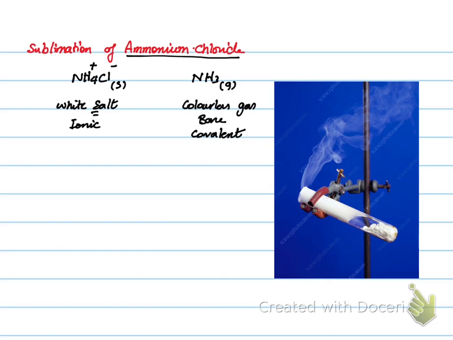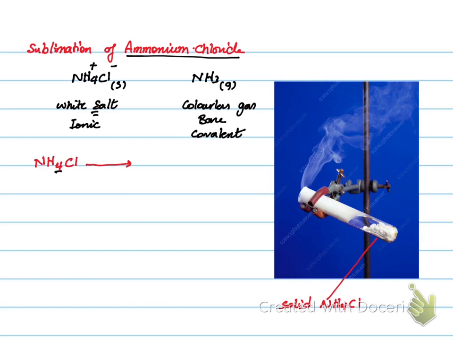The experiment starts by placing some solid ammonium chloride at the bottom of a test tube. It's a white solid. Then you gently heat under the test tube so ammonium chloride starts to decompose.